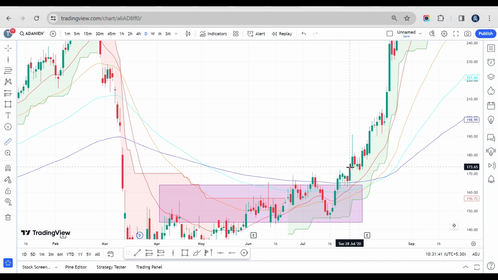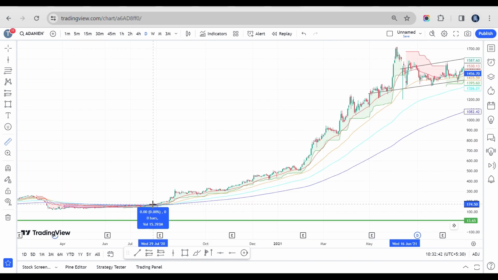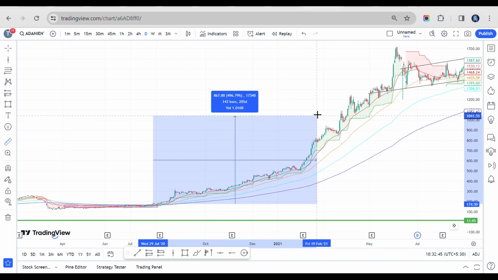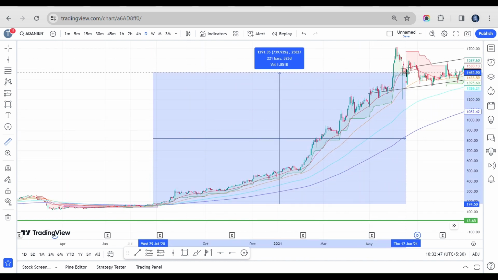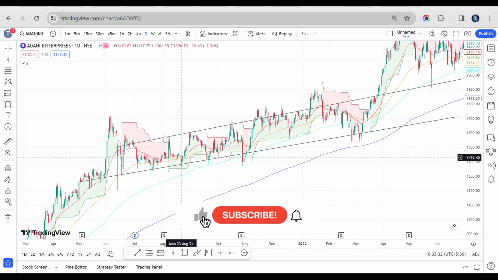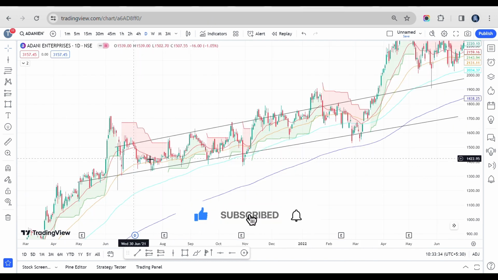So finally our buying point is triggered at this point, at a price of 173 rupees. If we see the rate of return from our buying point to the selling point, we made almost a 740% rate of return. That means if you would have invested 1 lakh rupees, it would have given a profit of 7,40,000 rupees.